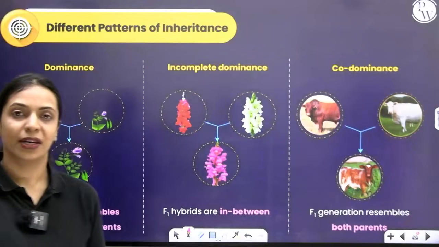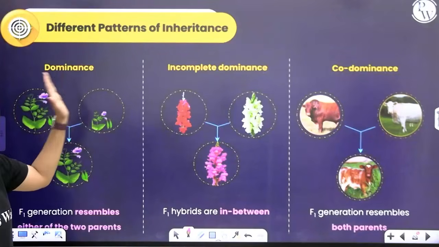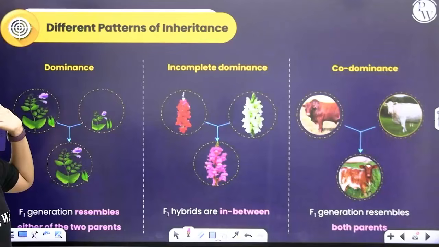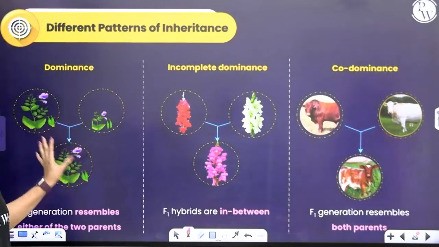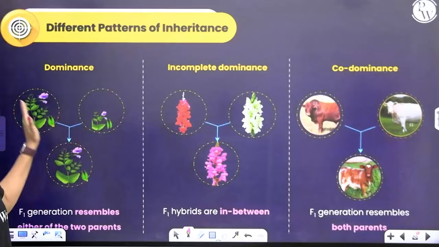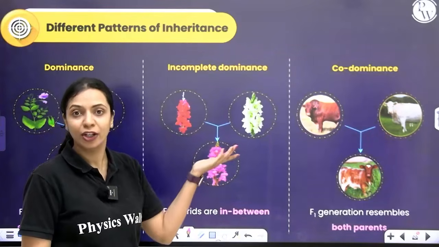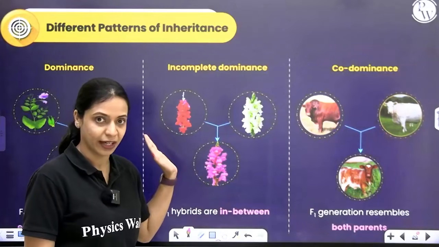Okay. Now here is a comparison between the three patterns of inheritance we studied so far. In dominance that Mendel explained, you have two phenotypes in the parental generation. Only one of them will express in the F1 generation. This will be heterozygous. It will show only one of the two traits. In incomplete dominance, it will show a brand new trait which is not present in either of the parent, but it will be intermediate.